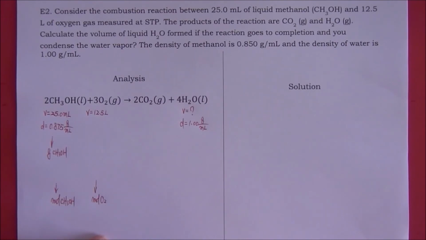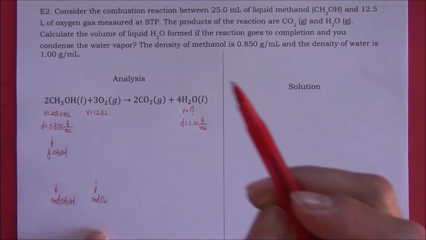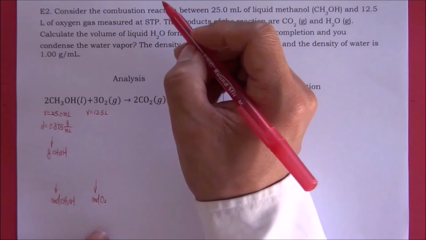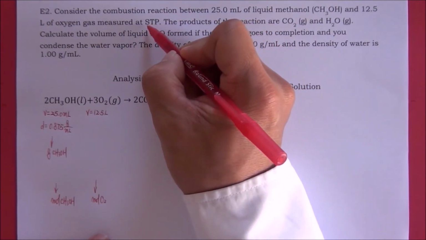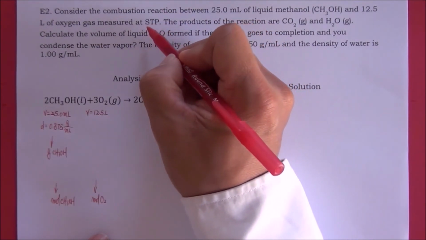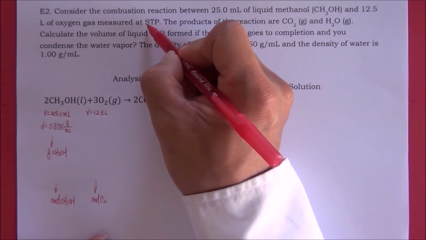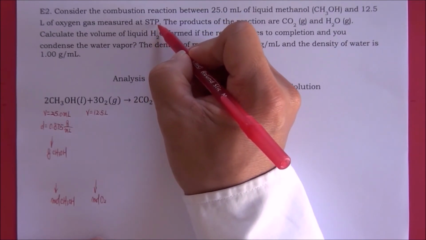without additional information. So we can guess there must be some information hidden in the problem, in other words, not explicitly given. Let's look for that information. When we read the problem again, we find STP. Remember, STP stands for standard temperature and pressure.